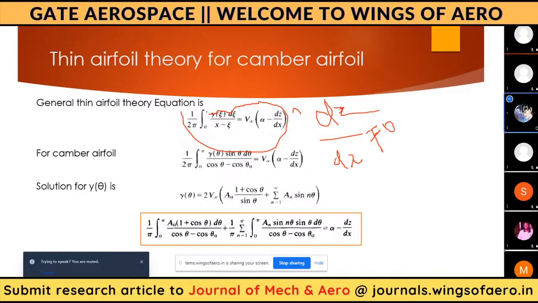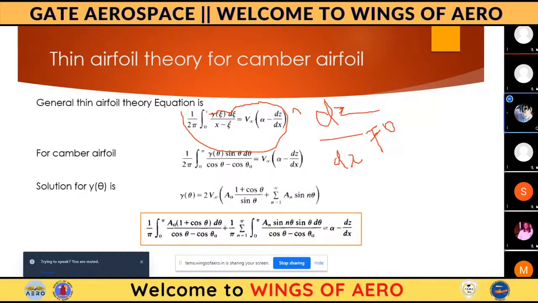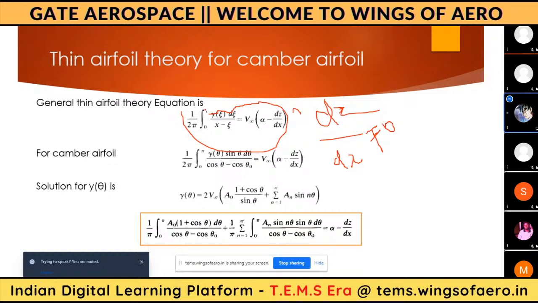So we all know the Fourier transformation: psi equal to c by 2 into 1 minus cos theta, and also d psi equal to c by 2 sin theta d theta, and x also has a particular value.